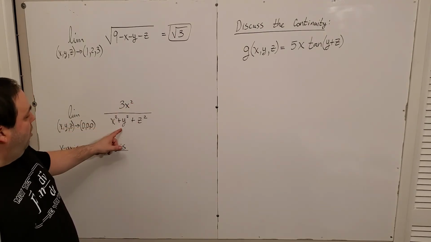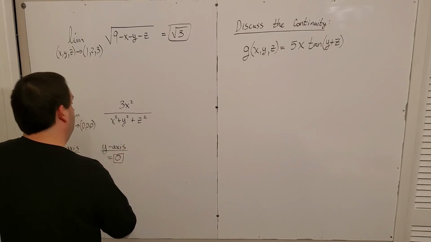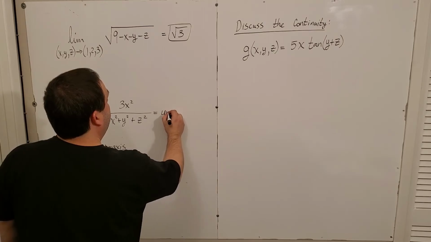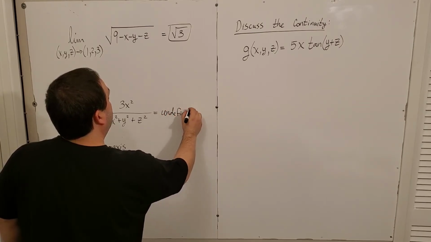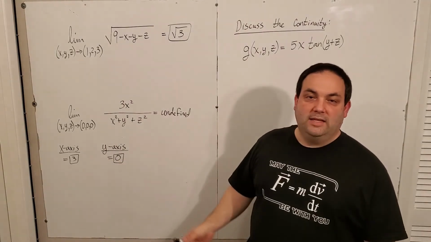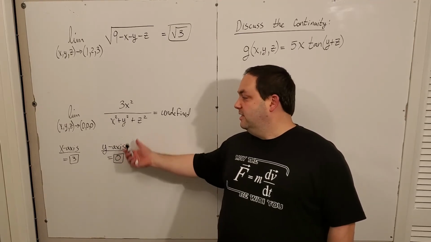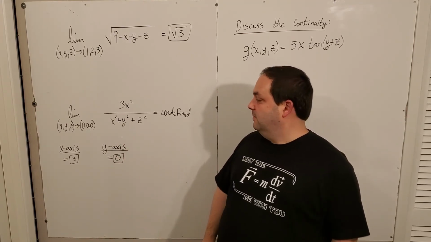I'll have 0 over y squared, which is 0. So automatically this is undefined, right? I've got 2 simple paths that give me 2 different values for the limit. So obviously this limit doesn't exist, okay?